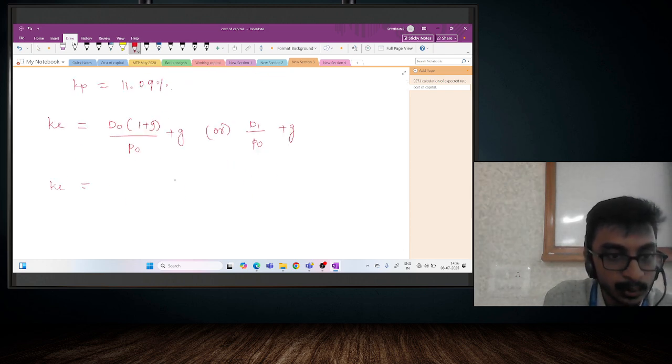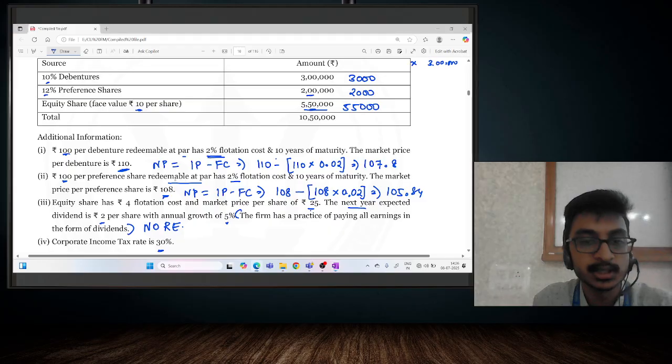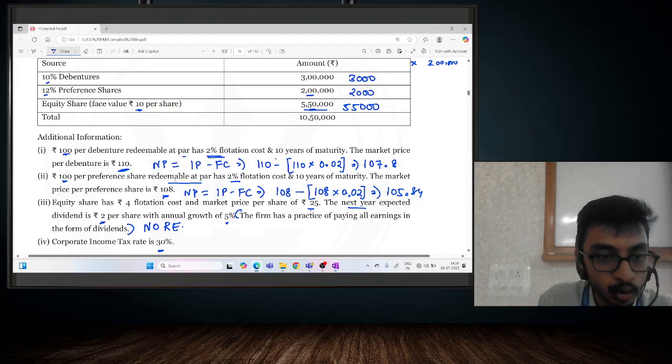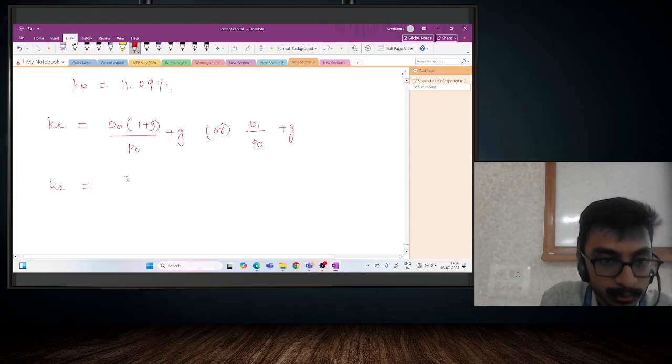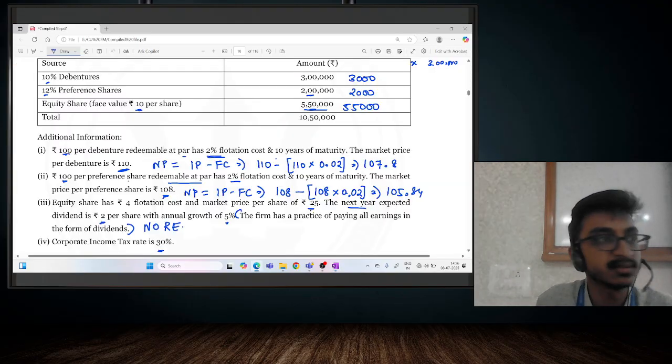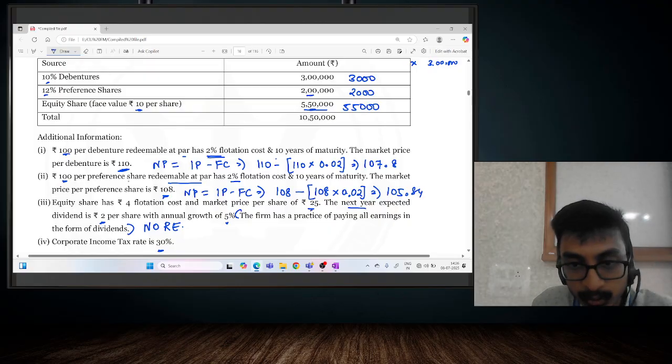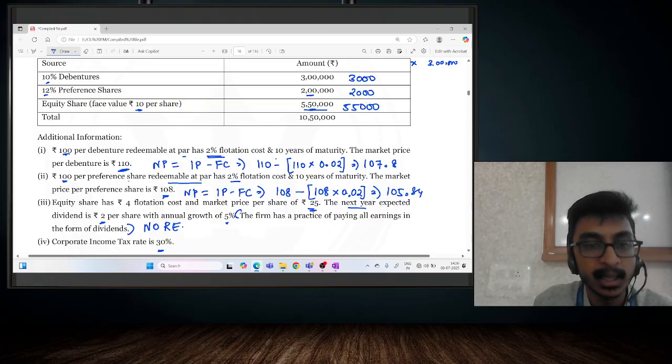Cost of equity is equal to, in this question D1 is directly given because 2 rupees is the expected dividend for the next year. So D1 is 2 divided by, what is the market price? Market price is 25 rupees per share, but again there is a flotation cost of rupees 4.